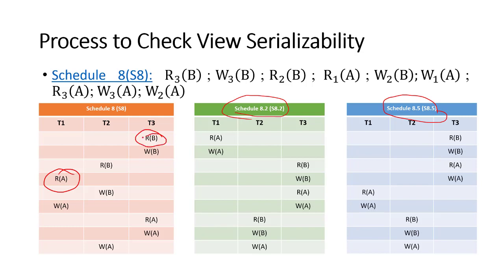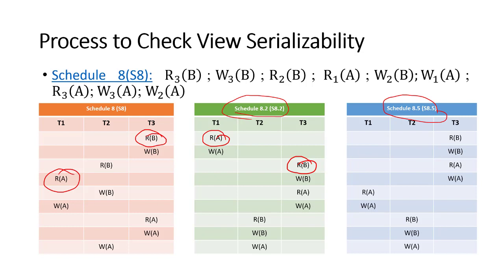So which serial schedule satisfies that condition? Here you can see that transaction 1 is reading the initial A and transaction 3 is reading the initial B. So my first condition is satisfied by the schedule 8.2.